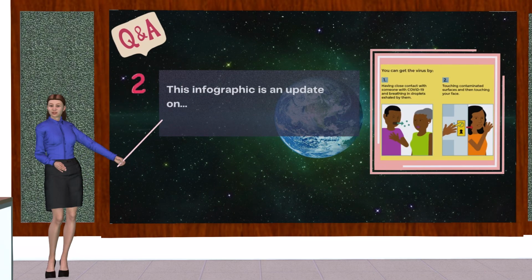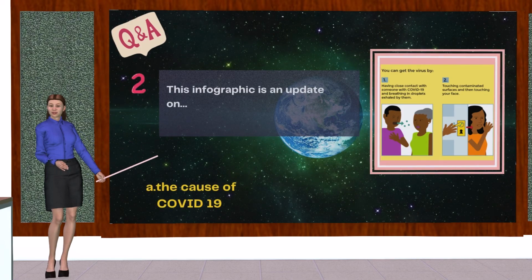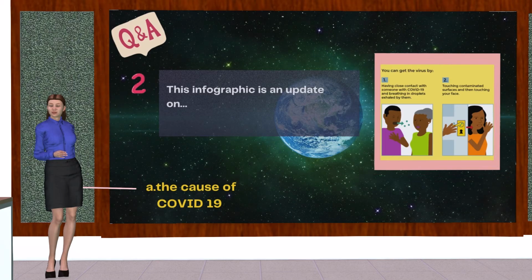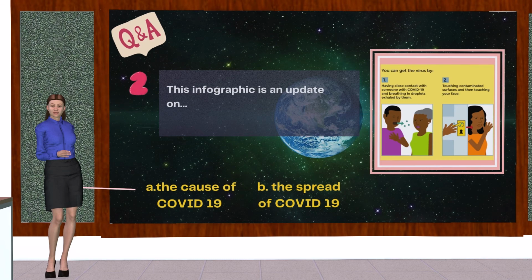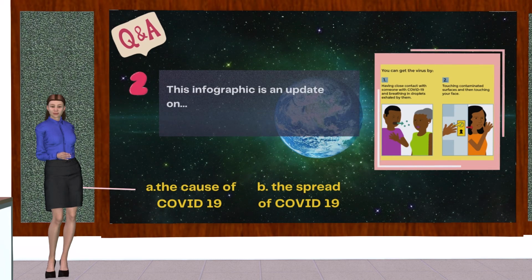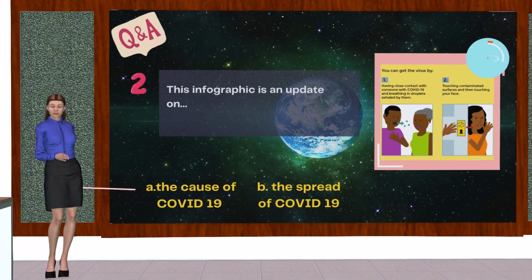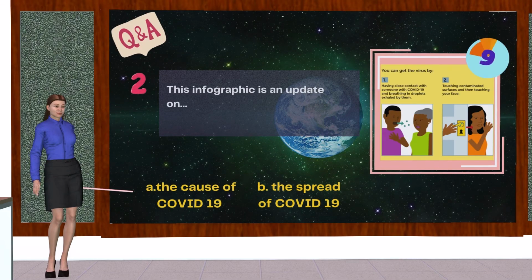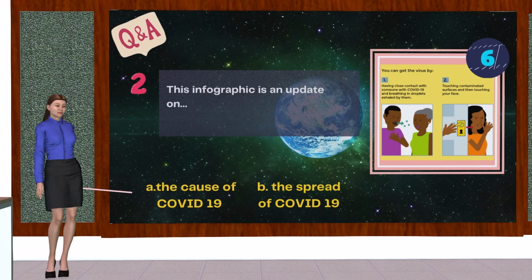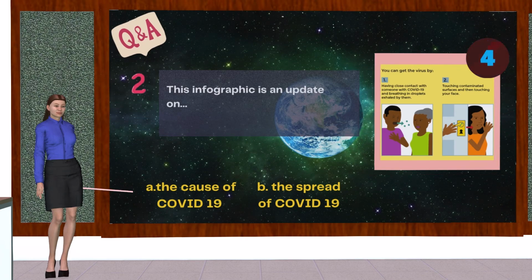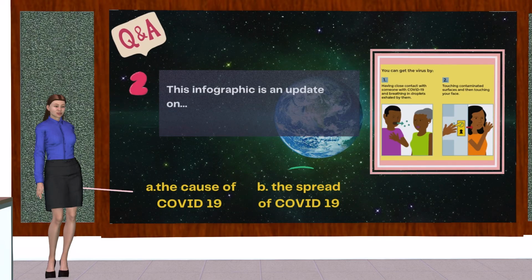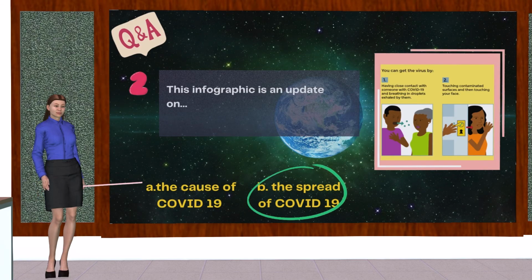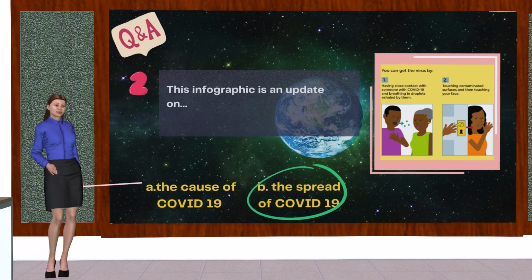This infographic is an update on A. The cause of COVID-19, or letter B. The spread of COVID-19. The correct answer for number 2 is letter B, the spread of COVID-19.